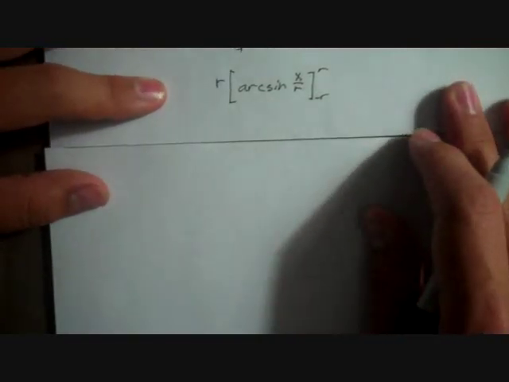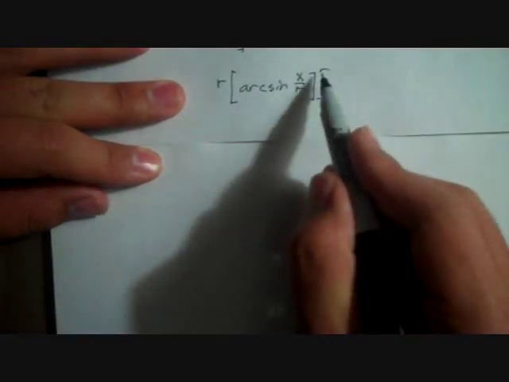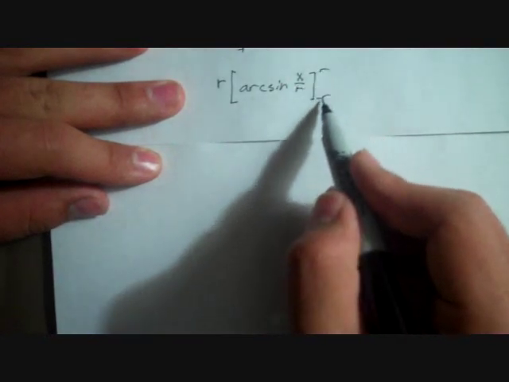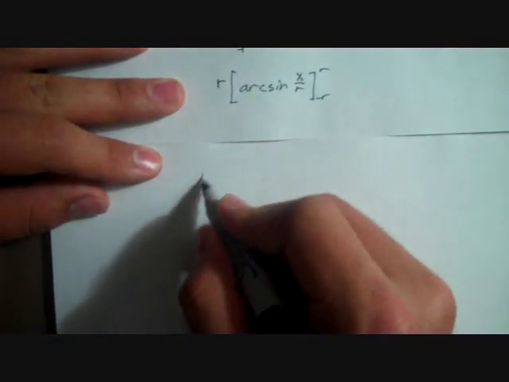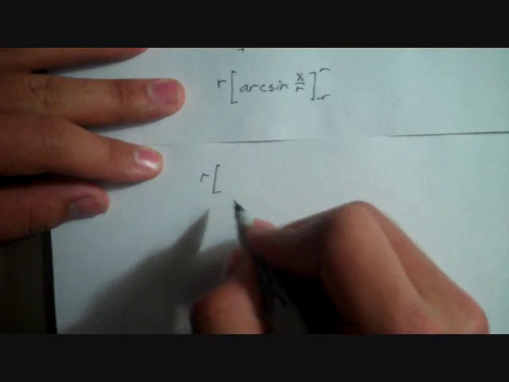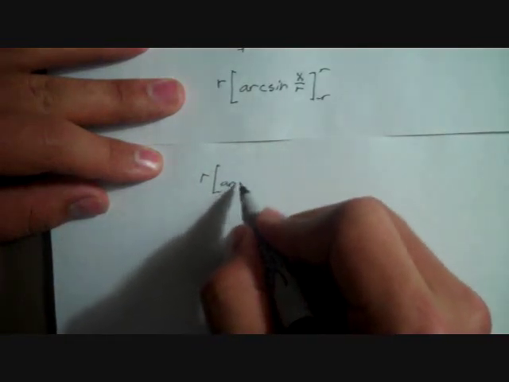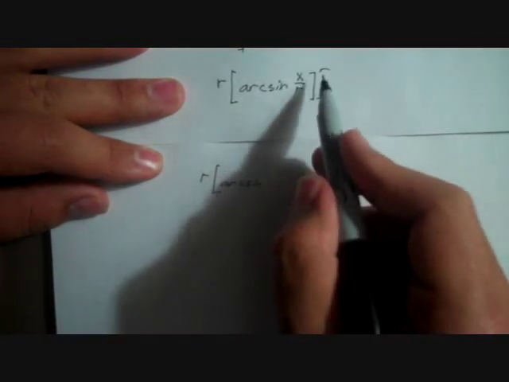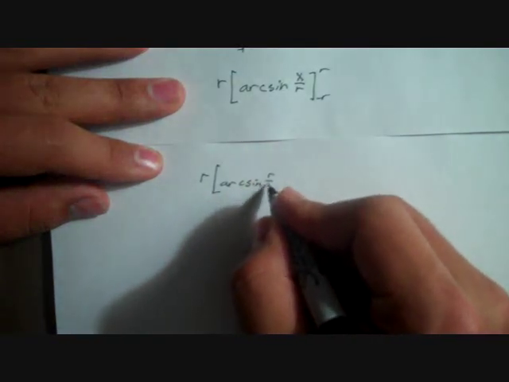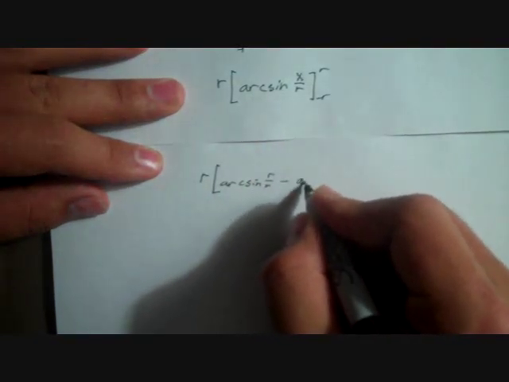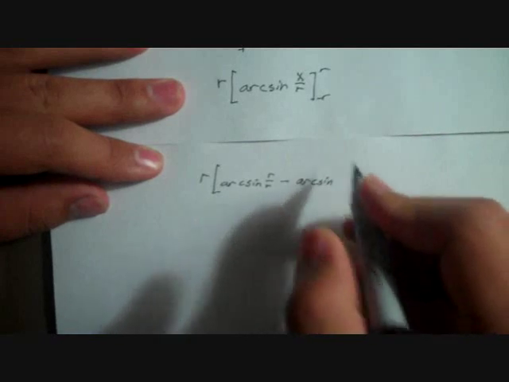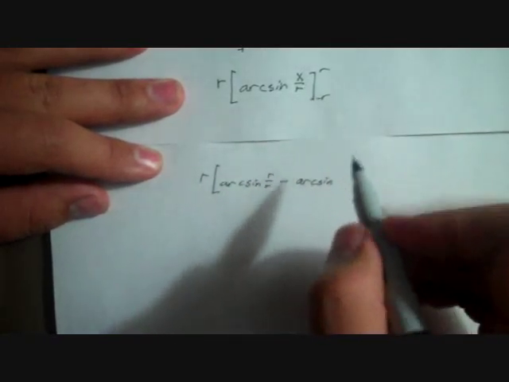So we have this. So let's plug in r and take the difference from plugging in negative r. So r times arcsine of r over r, minus arcsine of negative r over r.